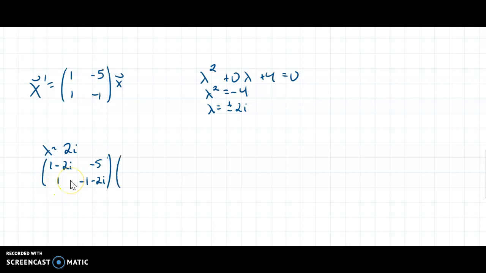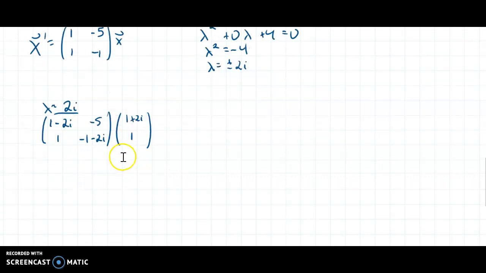So, normally I say switch and negate, right? So what we're going to do is negate this one and switch it with that one. So I get 1 plus 2i and then 1, and I have as many positives as possible, so I'm less likely to mess this up.